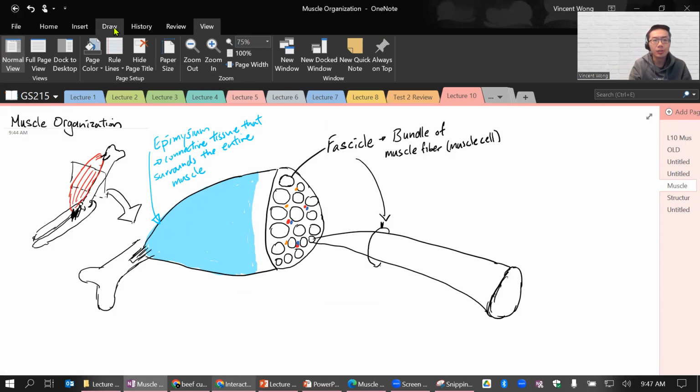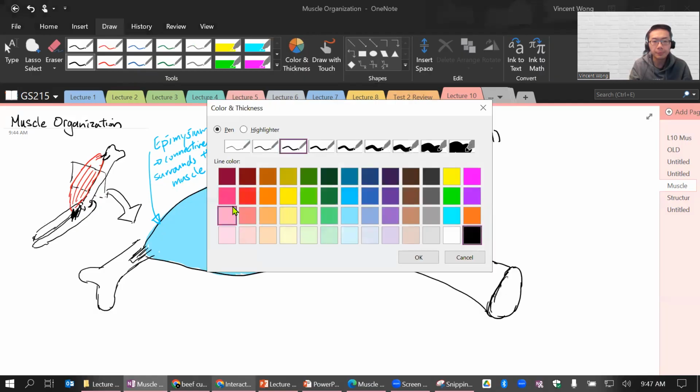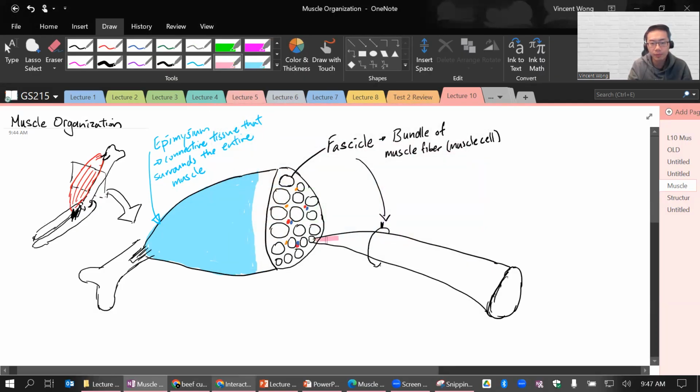And the fascicle is surrounded by another layer of connective tissue. Okay, and again, we're not going to color all the way. Just going to color a little bit, and I'll explain why later.